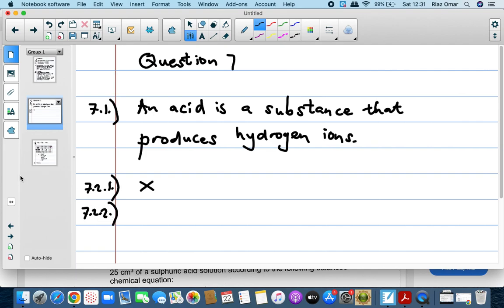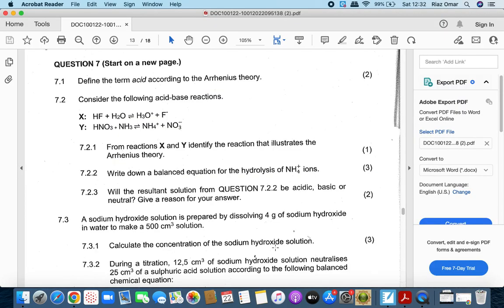7.2.2. Write the balanced equation for the hydrolysis of NH4 plus ions. So we take NH4 plus, we react it with water, what do we get?